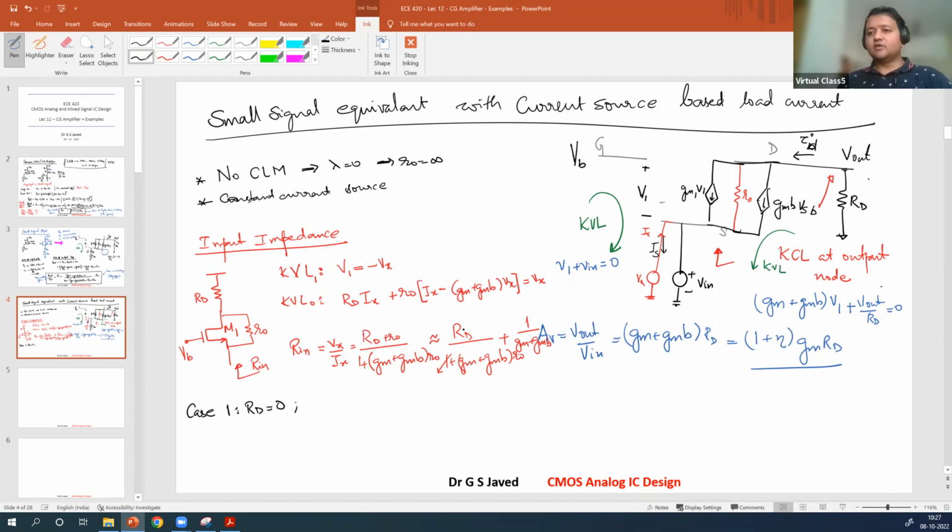The moment RD is 0, what is left over is Rin equal to R0 over 1 plus gm plus gmb R0. And what happens if your RD is an ideal current source? If it is an ideal current source, RD is infinite. So your Rin will be infinite.